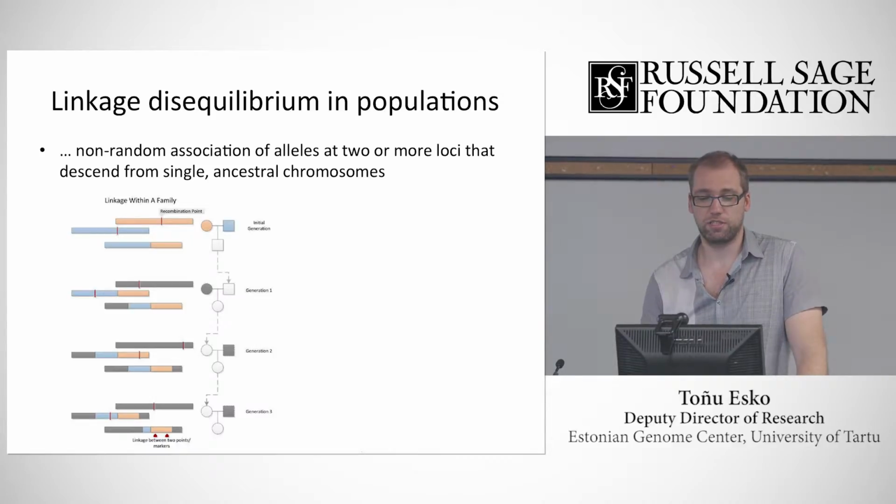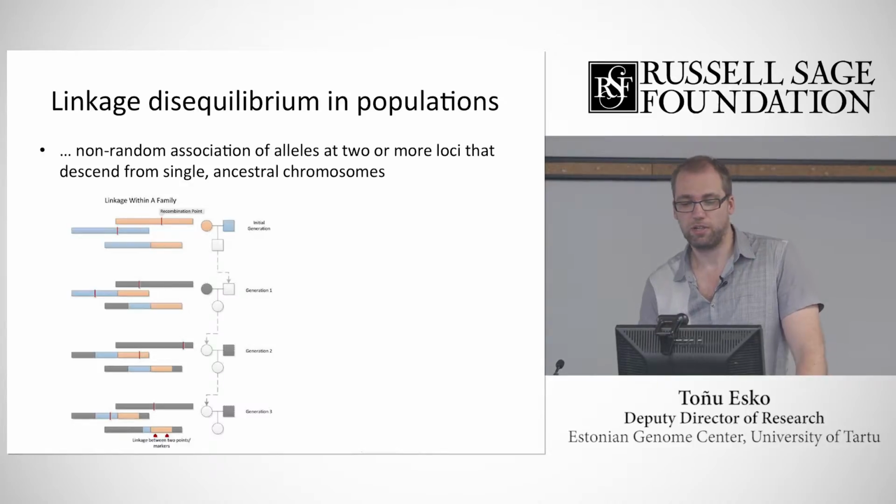There are two graphs that I think help to understand how those blocks form within a family or within a population. On the left we have the family: the mother's chromosome and the father's, and the red stripe is where the recombination happens.